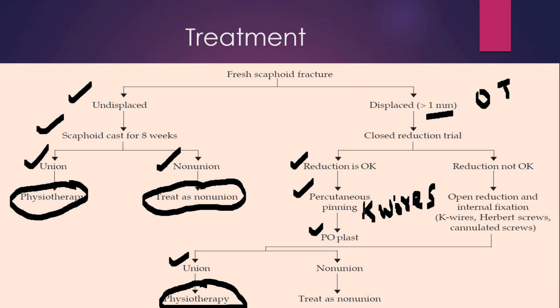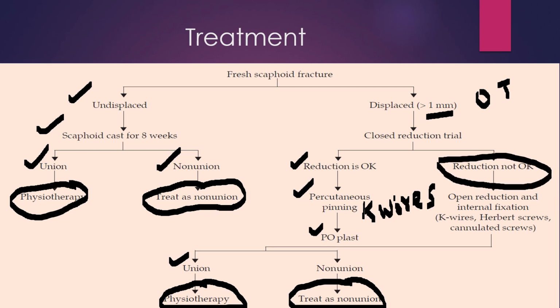If it doesn't unite, then we treat it as a non-union. And if the reduction is not okay inside X-ray, then we do the open reduction and internal fixation of the fracture with either K wires, Herbert screw, or cannulated screws. If it unites, again the same, then we send the patient for physiotherapy. If it doesn't unite, then we treat it as a non-union.